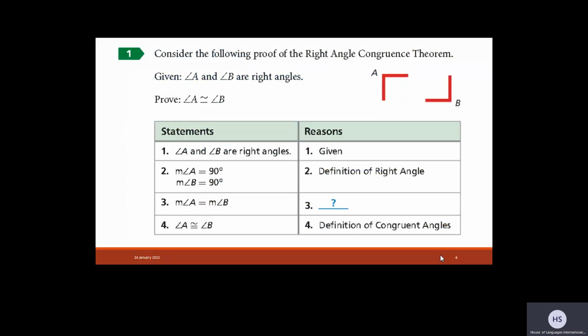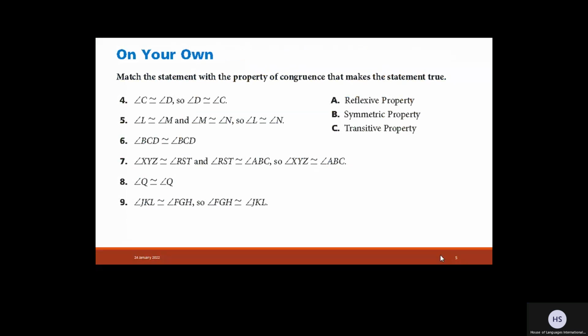We proved this one here, and we talked about the reflexive, the symmetric, and the transitive property. If angle C is congruent to angle D, so D is congruent to C, which property do I use? Reflexive. Now, L is congruent to M, M is congruent to N. Symmetric, sorry.